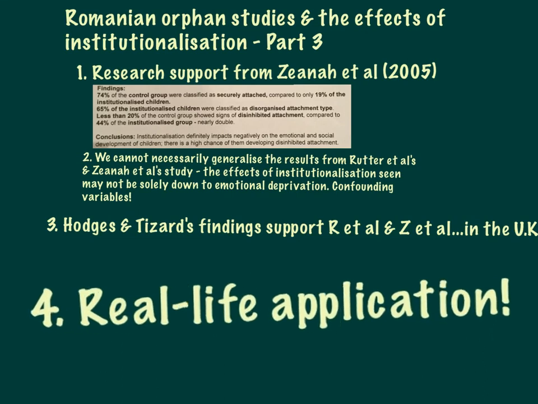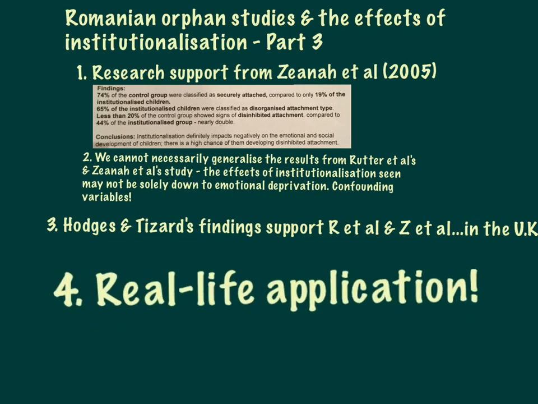And for our fourth point, we're actually going to go back to a very similar point to the one in the other essay about the effects of institutionalisation, where there we were talking about now we know what these effects are, we can apply that knowledge to real life and improve it.